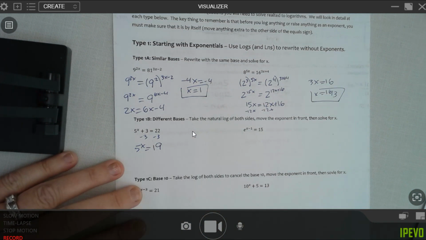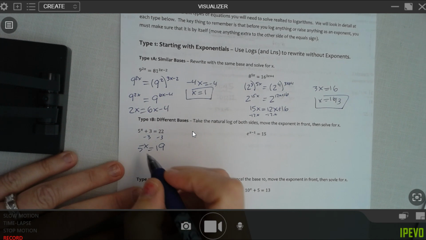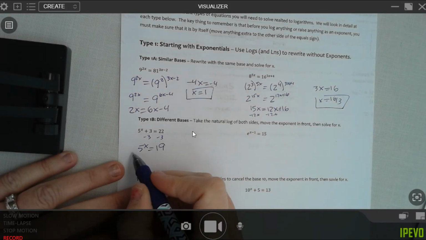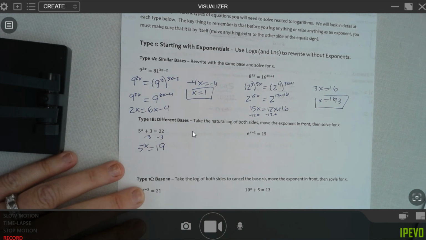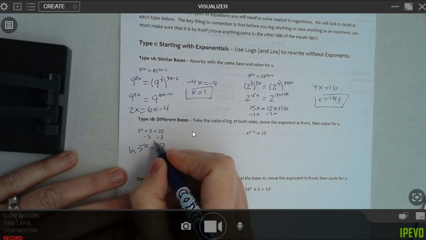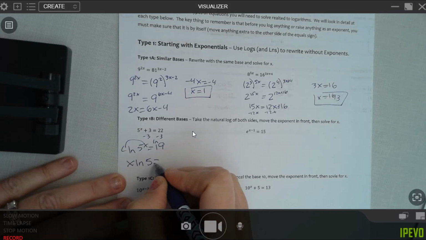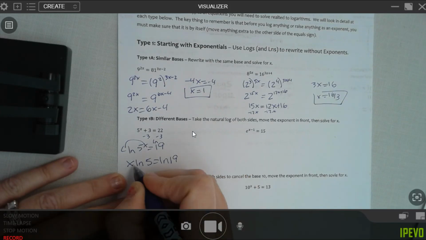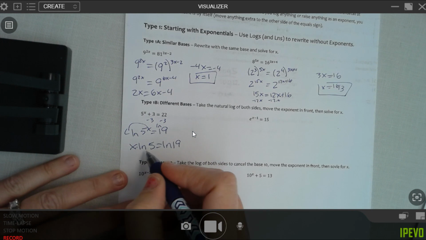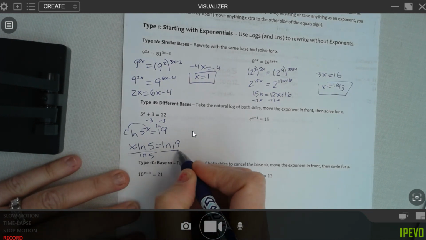And now, in order to bring an exponent out in front, we're going to use the property from yesterday that if I have a natural log or a logarithm, the exponent comes out in front. So I'm going to go ahead and natural log, so the x comes out in front. So it'd say x natural log of 5 equals natural log of 19. So now this is an implied multiplication, so I would just divide by natural log of 5 to both sides.